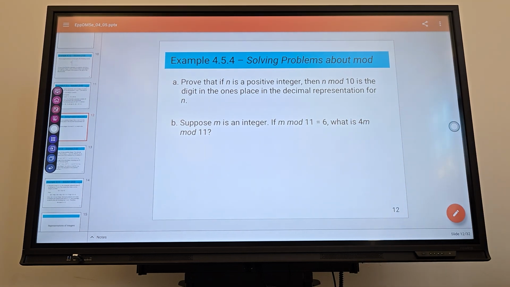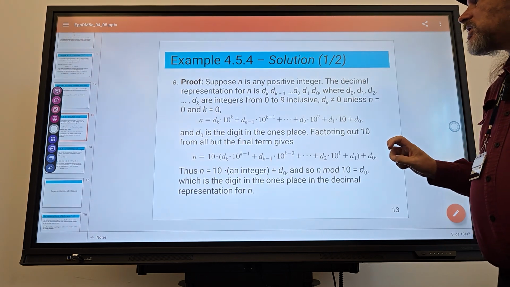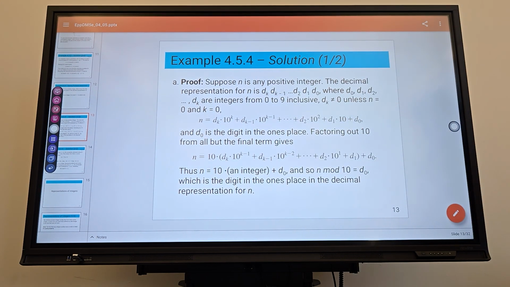Prove that if n is a positive integer, then n mod 10 is the digit in the ones place in the decimal representation of n. All right, so suppose n is any positive integer.